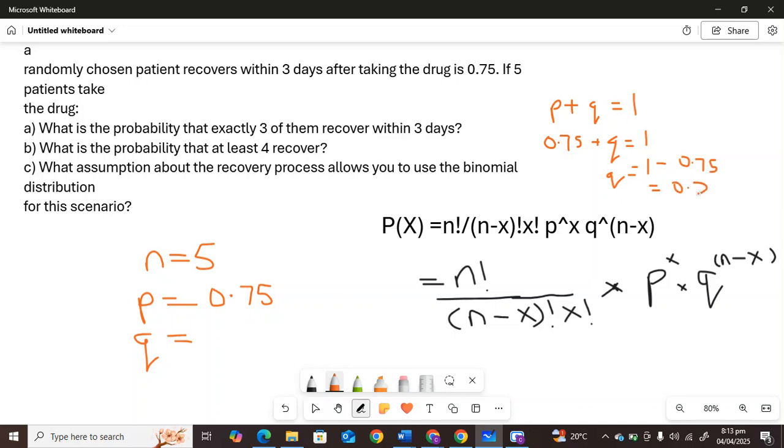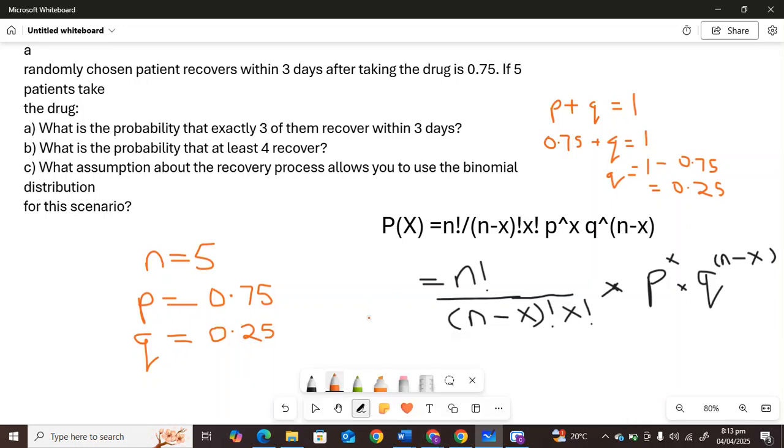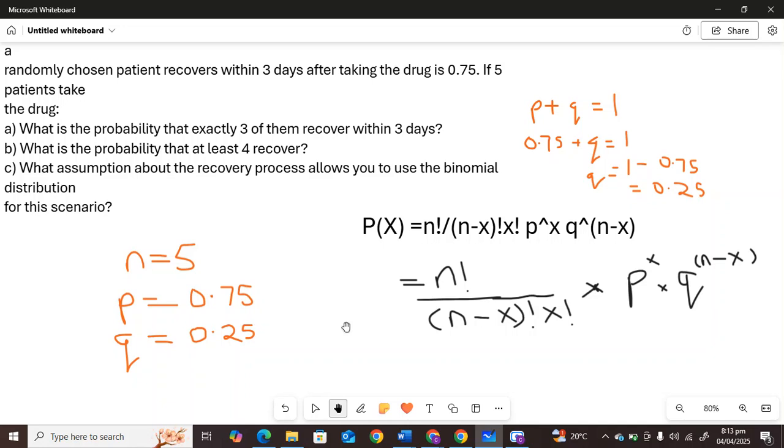So the probability if a person is chosen at random and takes the drug and doesn't get cured within 3 days is 0.25 or 25%. Are there any questions before I move further? Any questions? Okay.